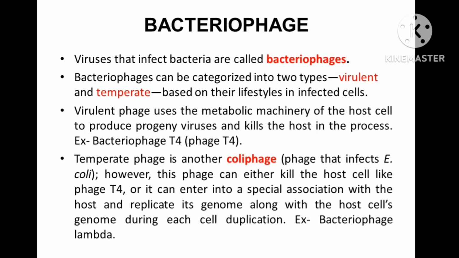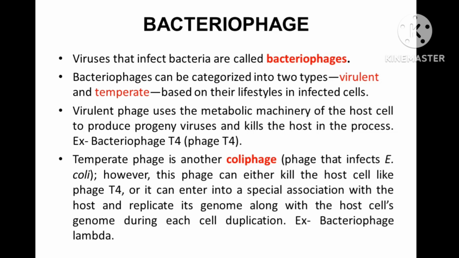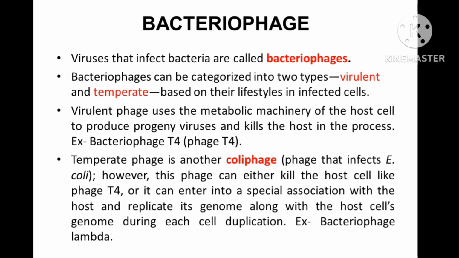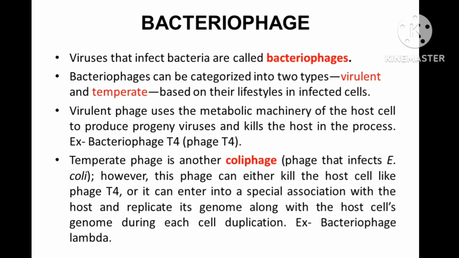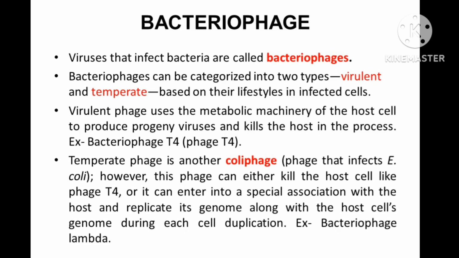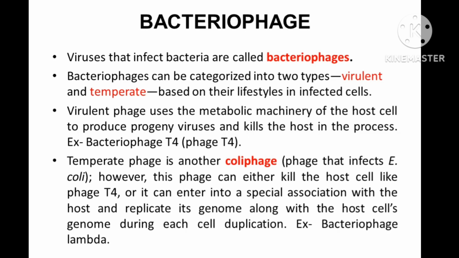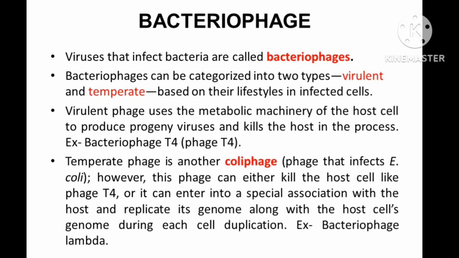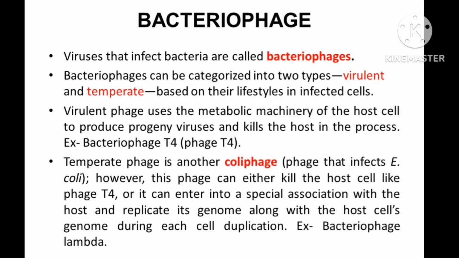If it enters lytic pathway, then it kills the host cell like Bacteriophage T4. But if it enters lysogenic pathway, its genome gets replicated along with the host cell genome during each cell duplication. Example is Bacteriophage Lambda. Both of these viruses infect E. coli, so they are called coliphage.